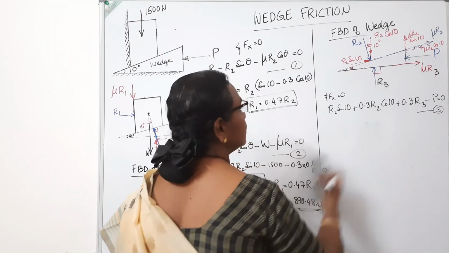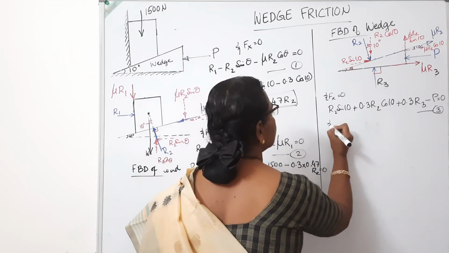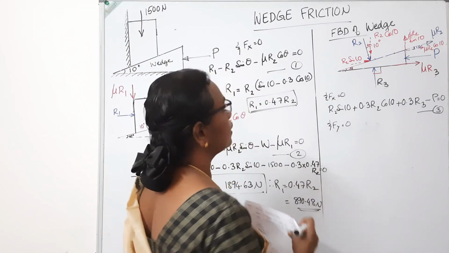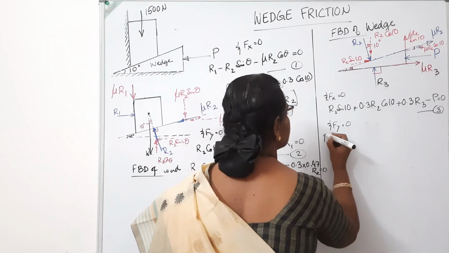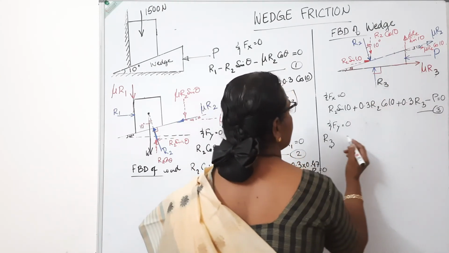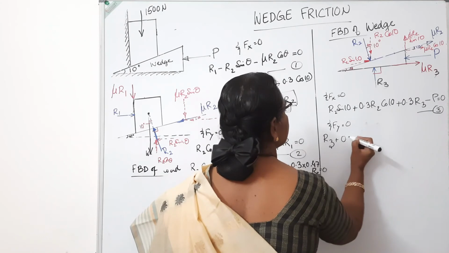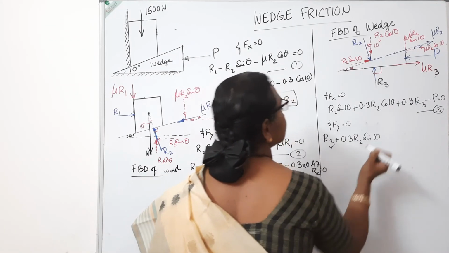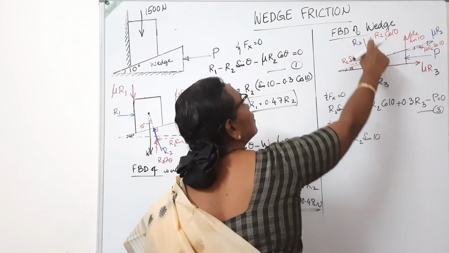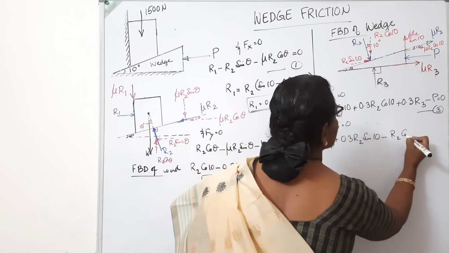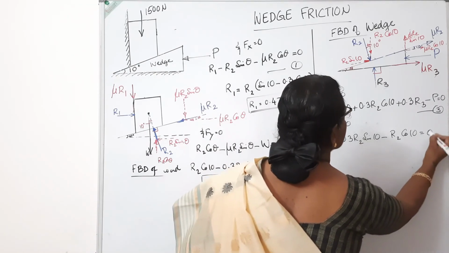Next, let us consider sigma Fy equals 0. Considering the vertical equilibrium, R3, then 0.3 R2 sin 10 downwards, plus R2 cos 10 downwards, minus R3 equals 0.